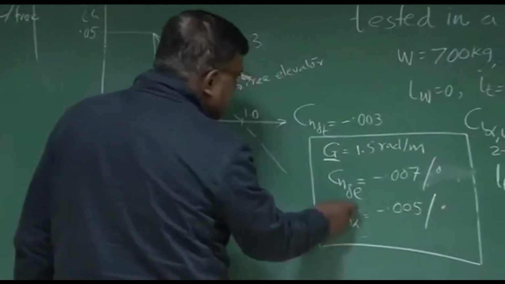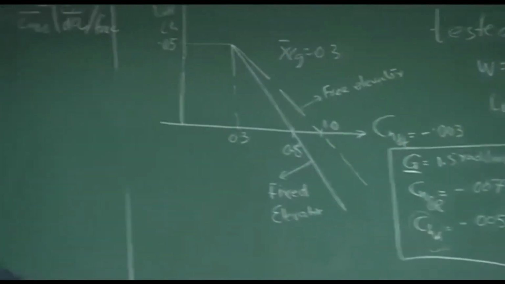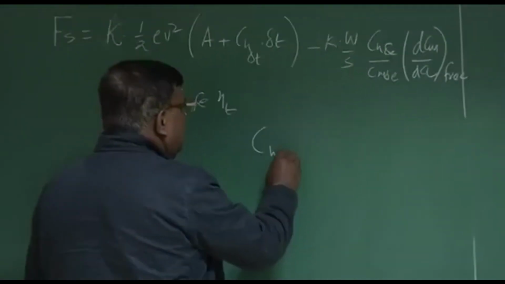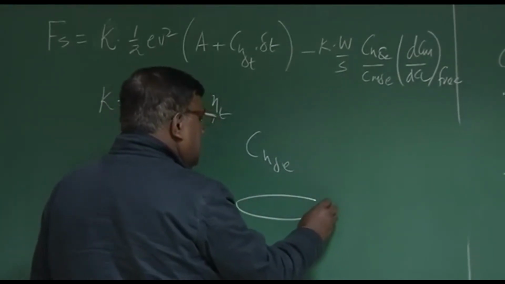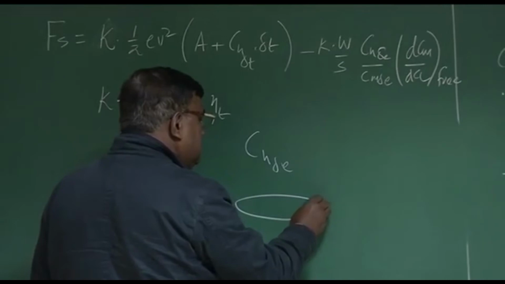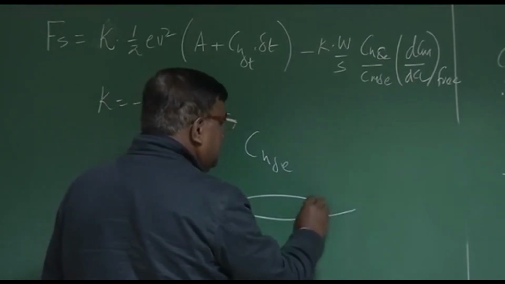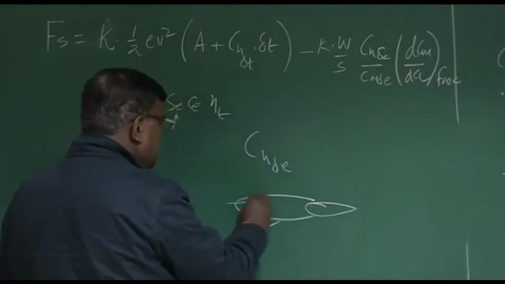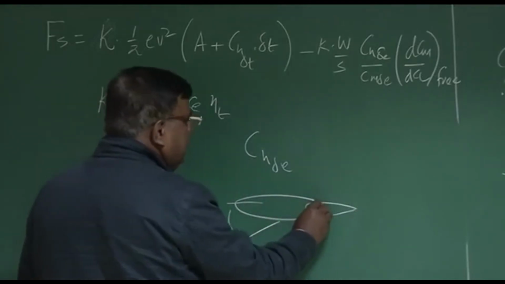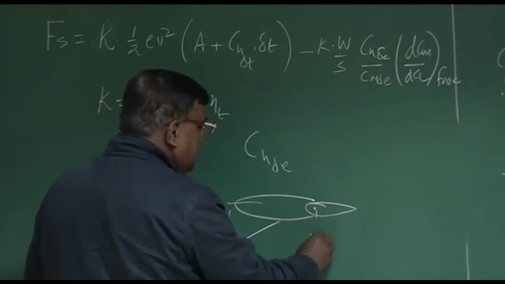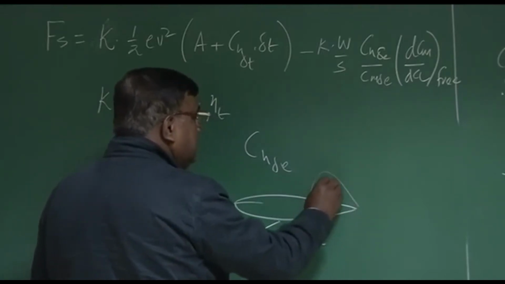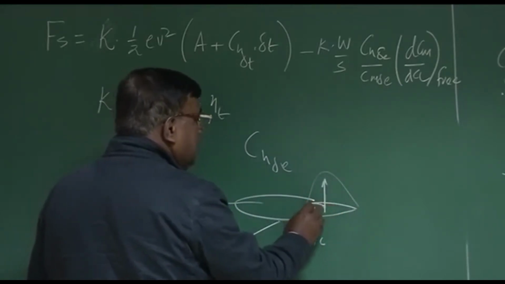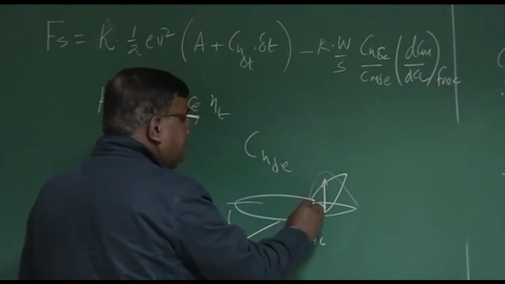What is CH delta E and CH alpha? See, CH delta E, if I recall, we are assuming that the elevator is free to rotate because of alpha T. There is alpha T. And if this is the hinge line, then there will be a pressure distribution over the elevator, and if the center of pressure is behind the hinge line, then this will try to float the elevator up.